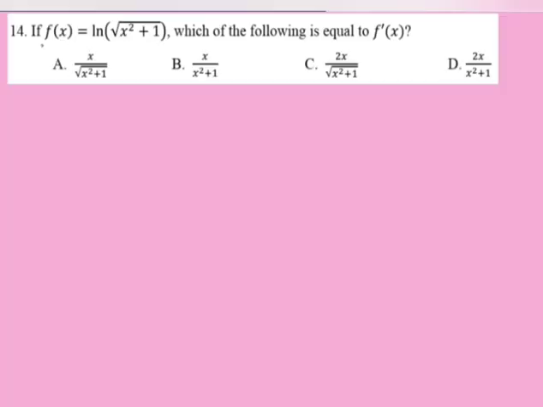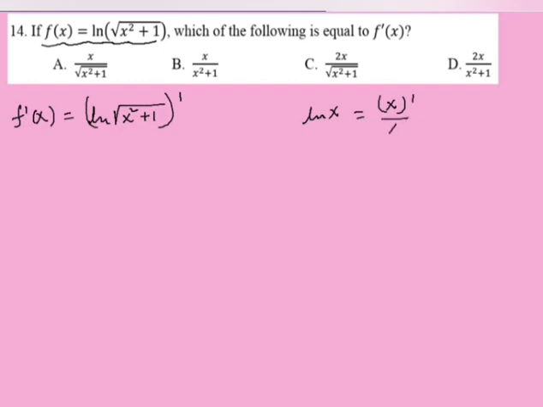If f of x is ln of radical x squared plus 1, then we are asked for its derivative. The derivative of this function means the derivative of ln of radical x squared plus 1. We know that the derivative of ln of u is u prime over u.